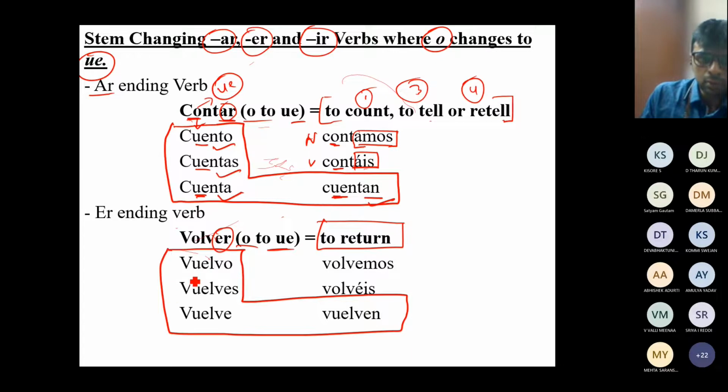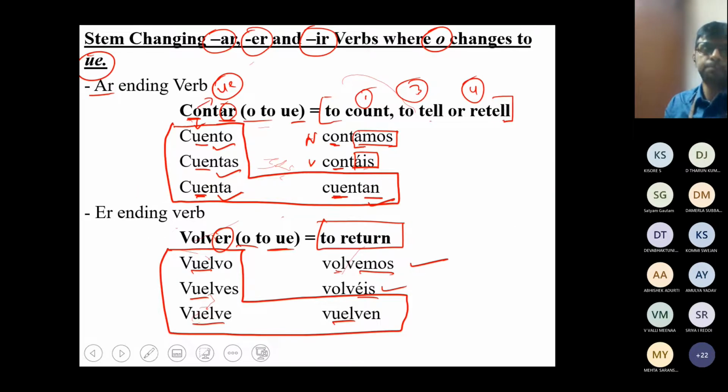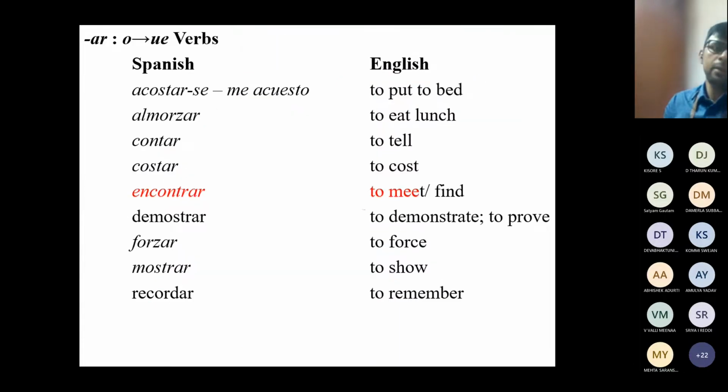So if you see here, vuelvo, vuelves, vuelve, okay, and then vuelven. In the nosotros and vosotros form, O has not changed in the stem part, other parts have changed. So volvemos and volvéis. So this was another example of a stem changing verb where O changes to UE.